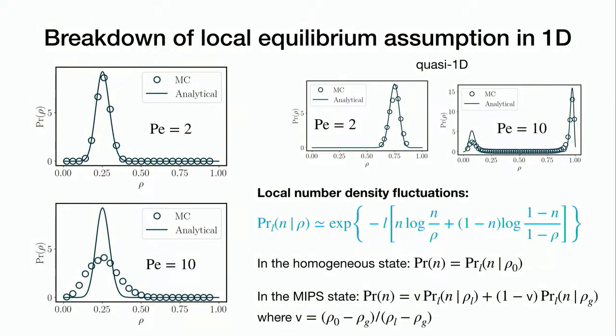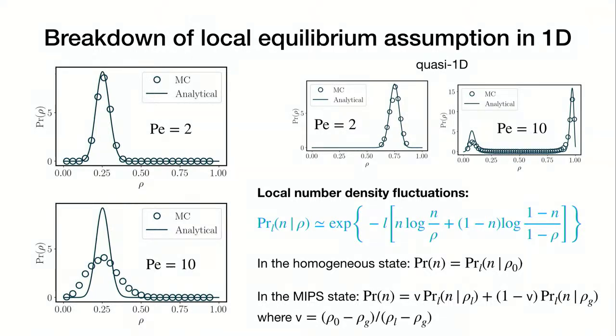At low Peclet number, in the homogeneous regime, the hydrodynamics and the microscopic simulation seem to agree, because at low density it is almost like equilibrium; particles just get stuck to each other.